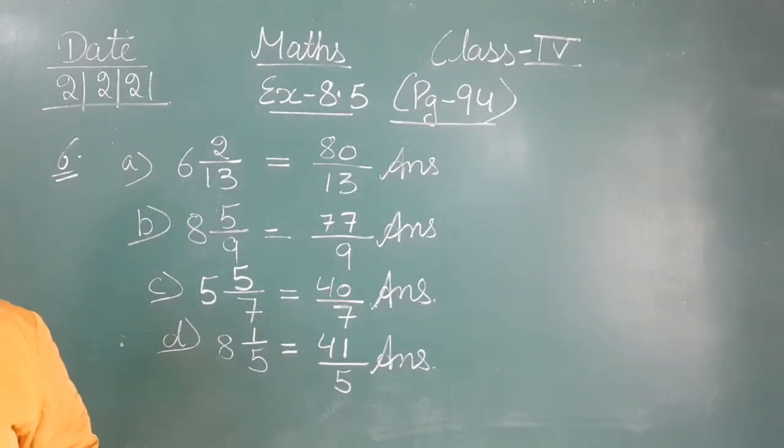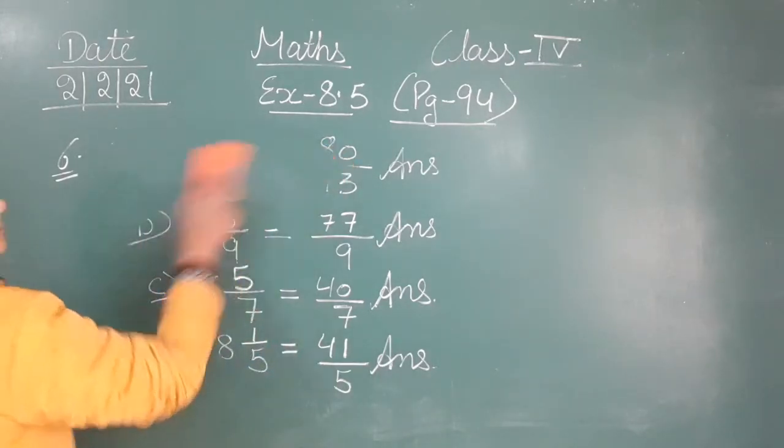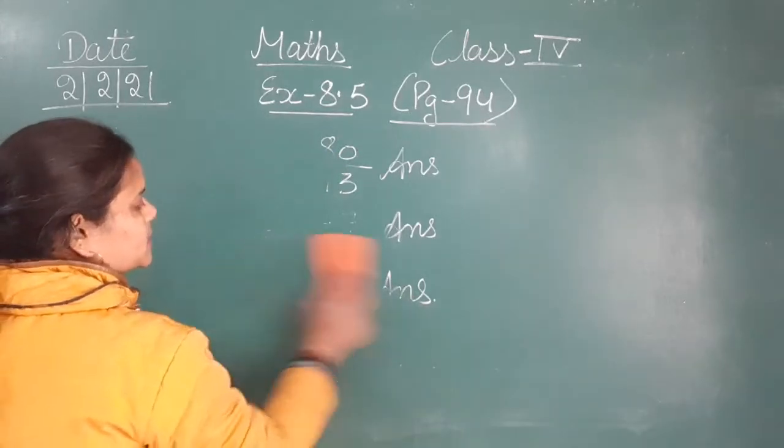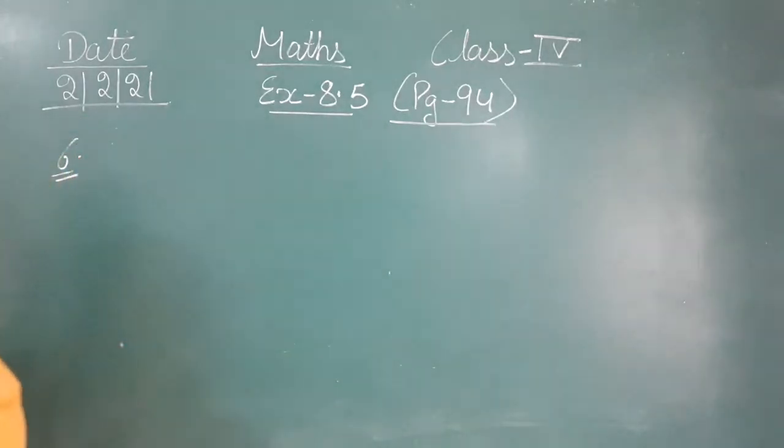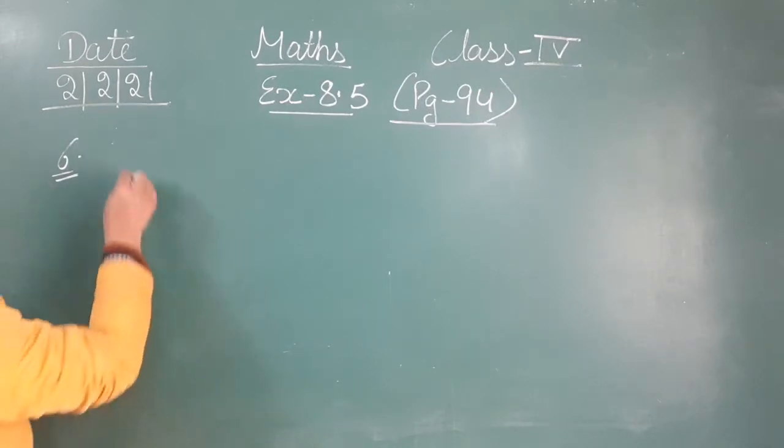Chaliye, moving next to the last. So the E part is, the mixed fraction that is given in the E part is 3 is to 4 upon 8.